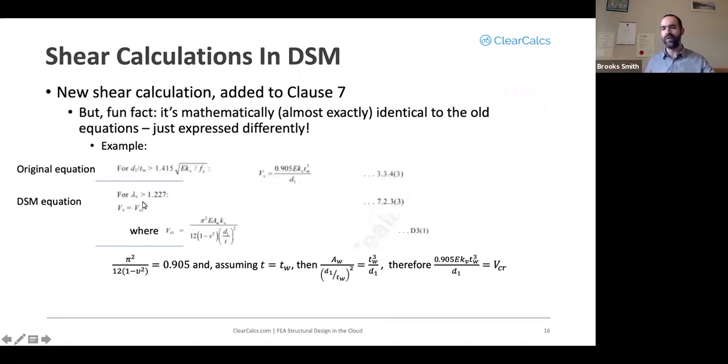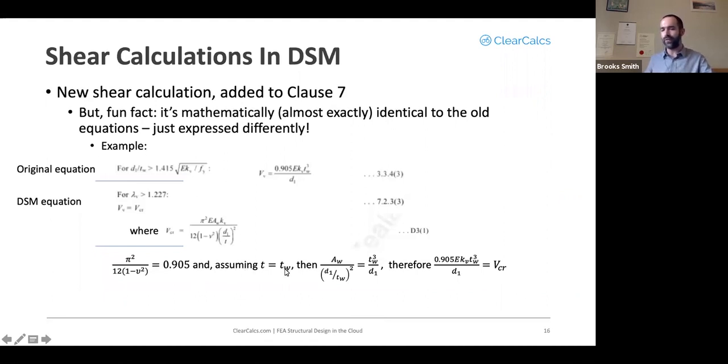Direct strength method, you have a lambda_v inequality and a V_cr, critical shear capacity here. But if you go through the math on this, pi squared divided by 12 times 1 minus nu squared, those are all constants. That's equal to 0.905. That's where you get that value in the old equations.